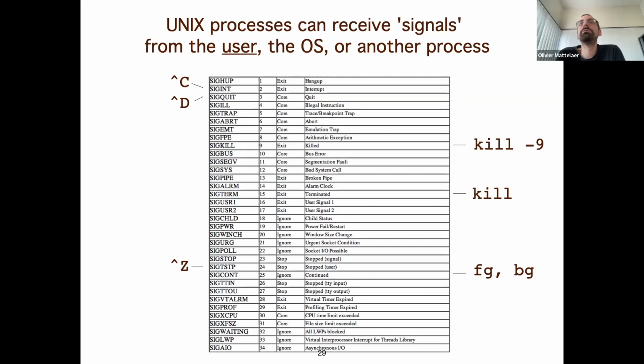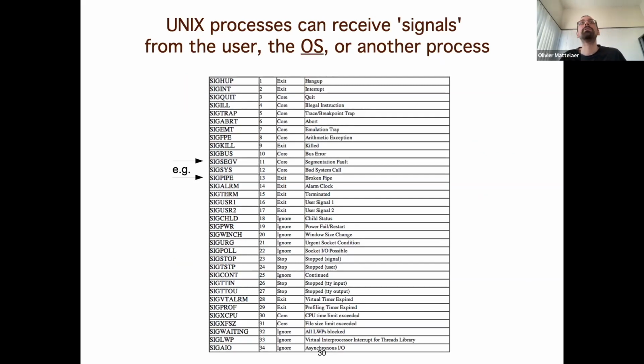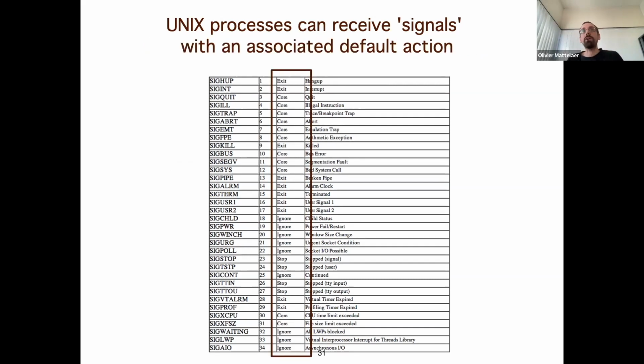You also know very well fg and bg probably, to continue your jobs in background or foreground. The OS can also send a signal. For example, when there's a segmentation fault, it's going to signal that, or a broken pipe, which is the most common one, let's say. But signals can also be sent by other processes.